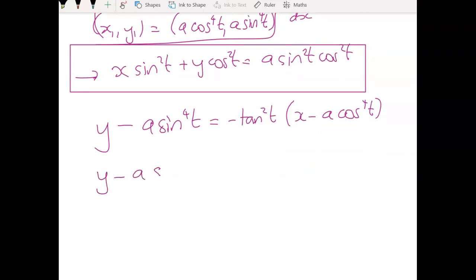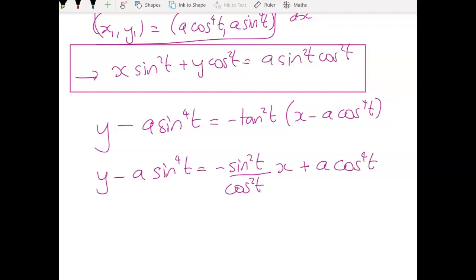We get y minus a sine to the 4t is equal to negative sine squared t over cos squared t, times x plus a cos to the power of 4t. I'm actually not going to simplify this for now. You can simplify this if you want.